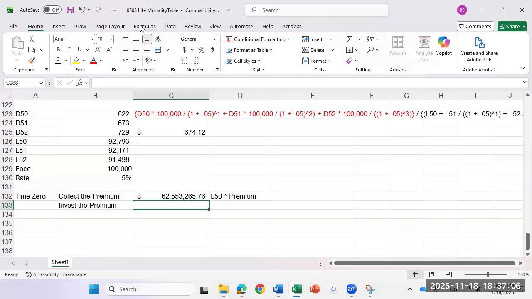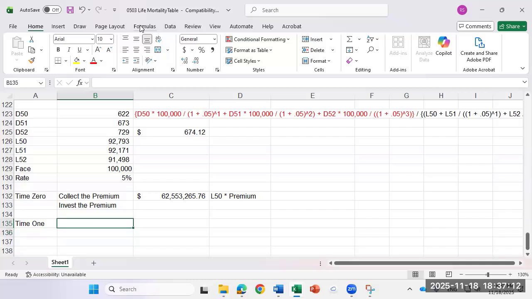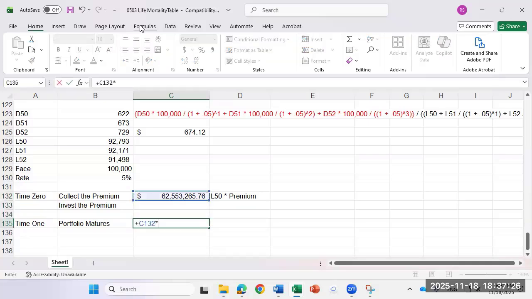So we come to time 1. You can do the first 2 in different orders, but I'm going to say the portfolio matures. So we invested $62 million at 5%. We'll take that 62 million times 1 plus the 5%.